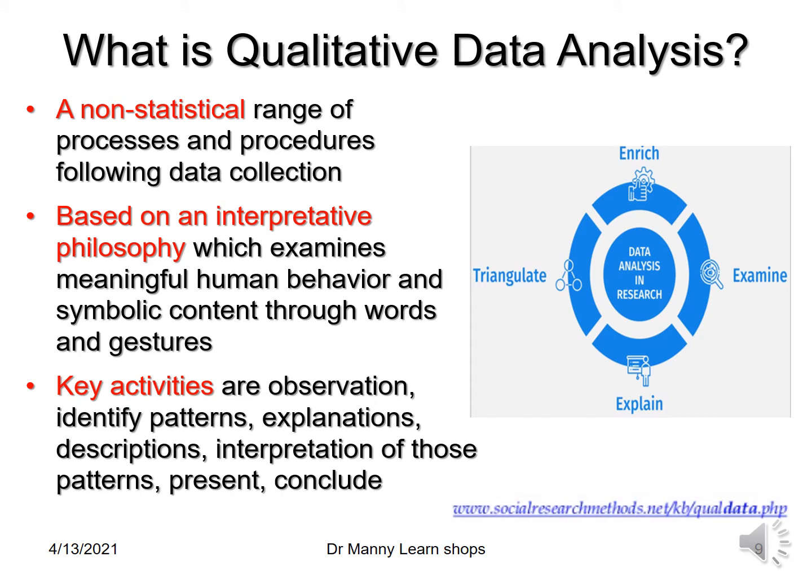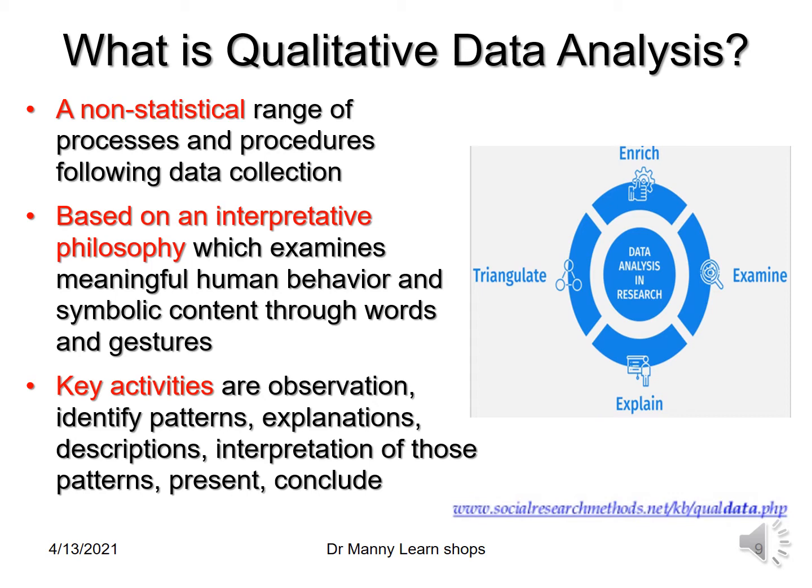So let's move on. What then is qualitative data analysis? Well, this is a non-statistical range of processes and procedures following data collection. So once you've collected your data, analysis occurs. However, typically in qualitative research, they occur concurrently. And this is based on an interpretive philosophy which examines meaningful human behaviour and symbolic content through words and gestures.